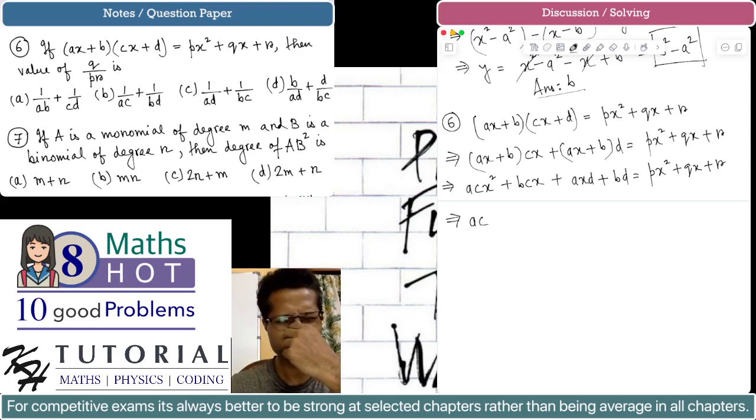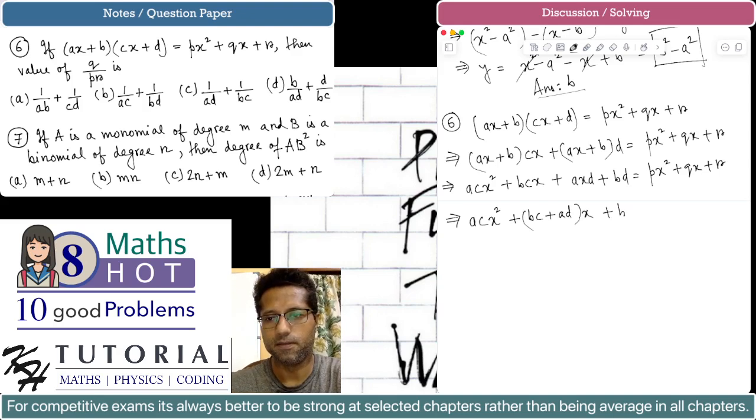If I add the like terms on the left hand side, since a, b, c, d are constants, and p, q, r are also constants, the only variable is x. So we can consider bcx and adx are like terms. So it becomes bc plus ad multiplied by x plus bd is equal to px square plus qx plus r.